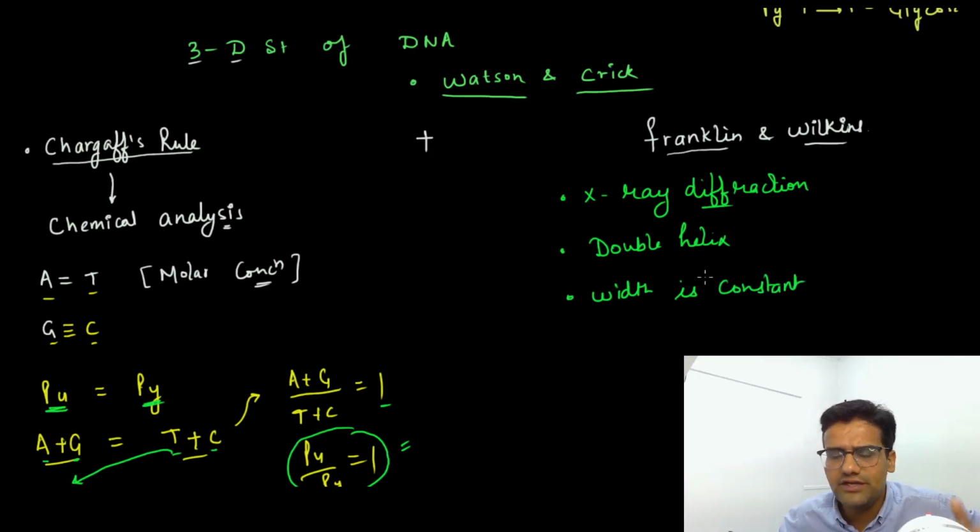They also measured the width, that was 2 nanometer, which means the width of the DNA was 20 angstrom.